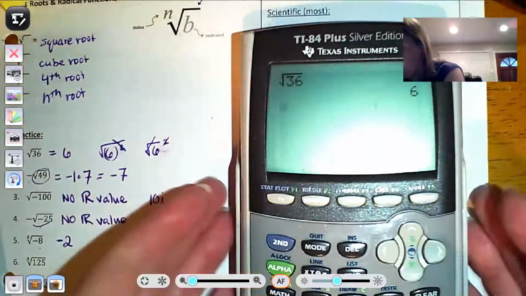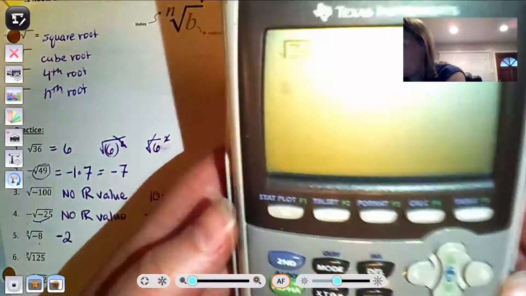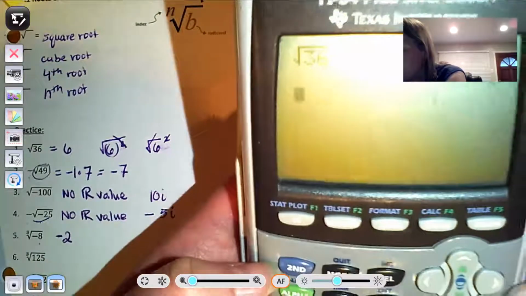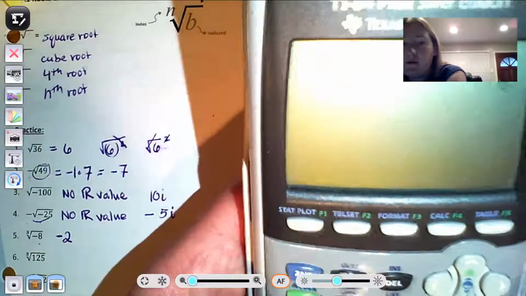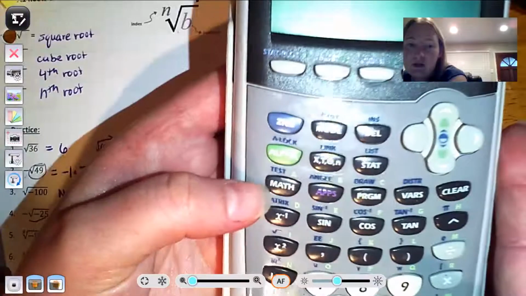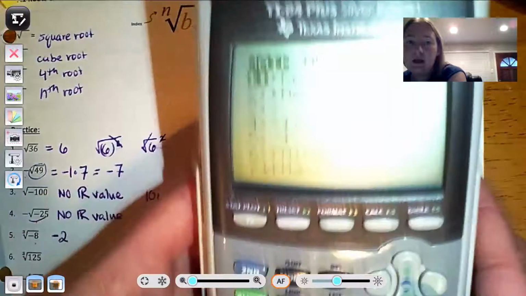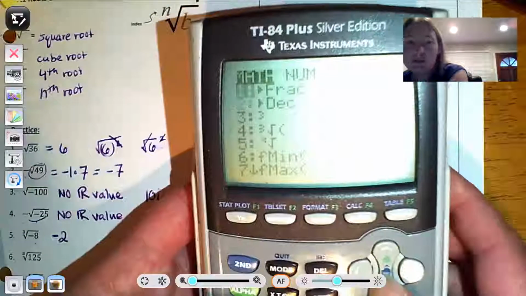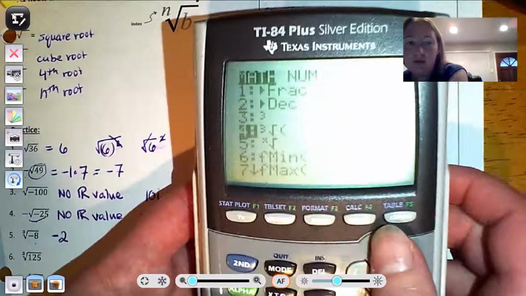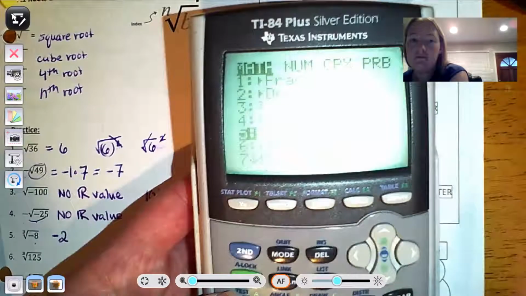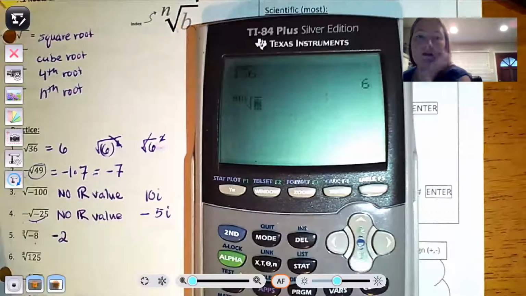For a cube root, or fourth root, or fifth root, or any other root, it's in the math option, so you hit math, and you can see that there is one specific to a cube root here, and there's one for any other root. So let me click that one, so it's more generic.